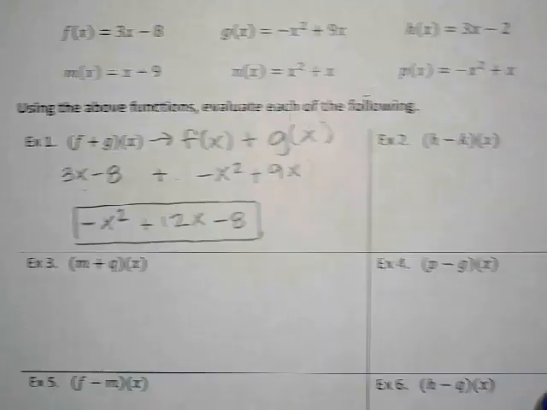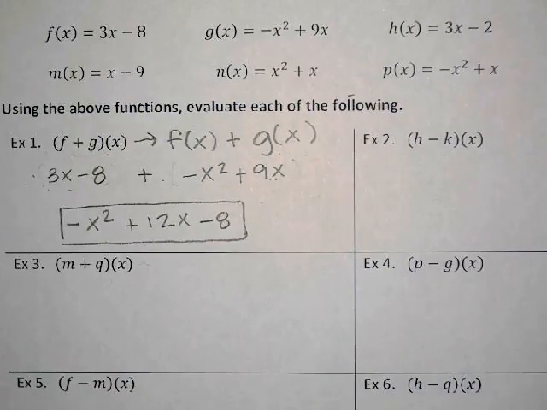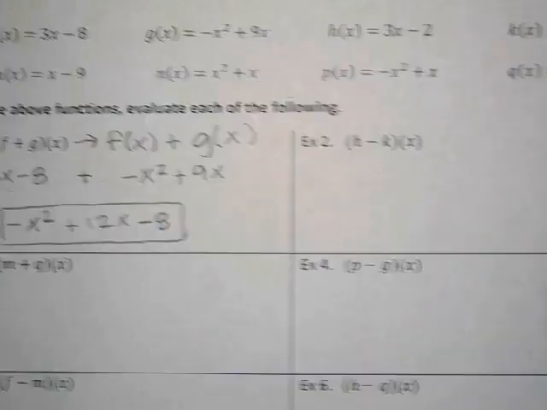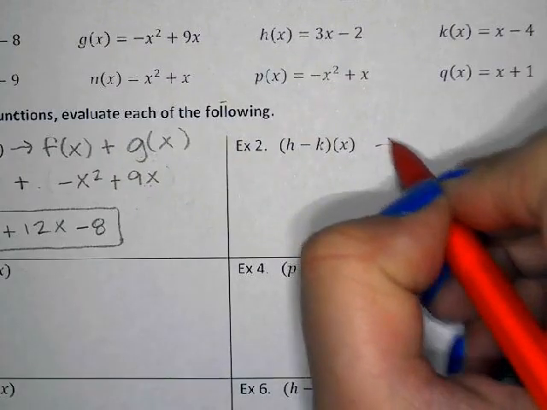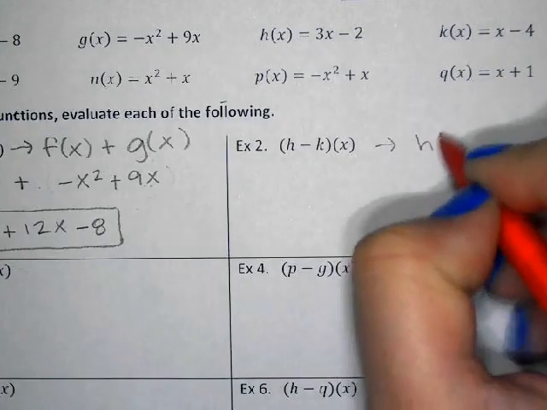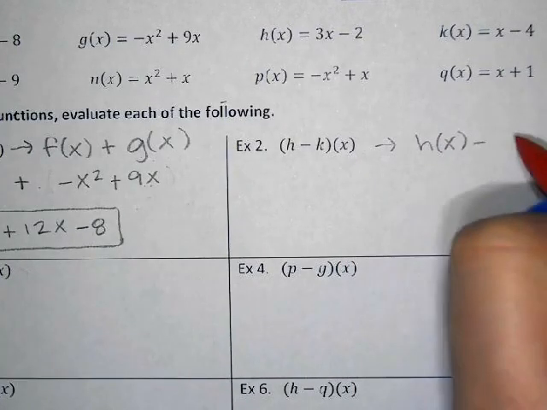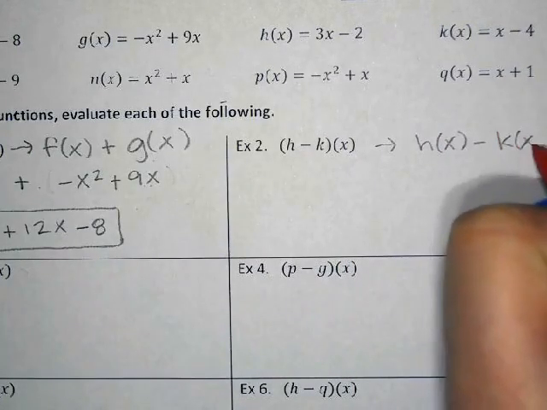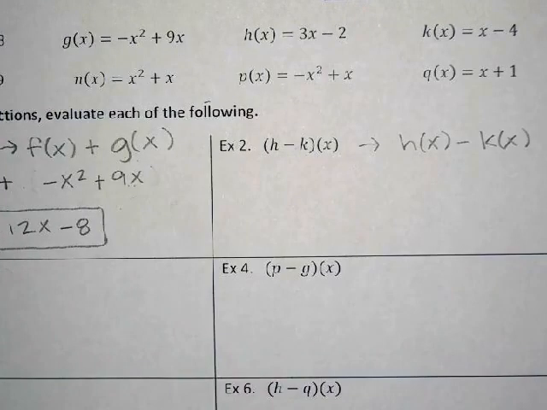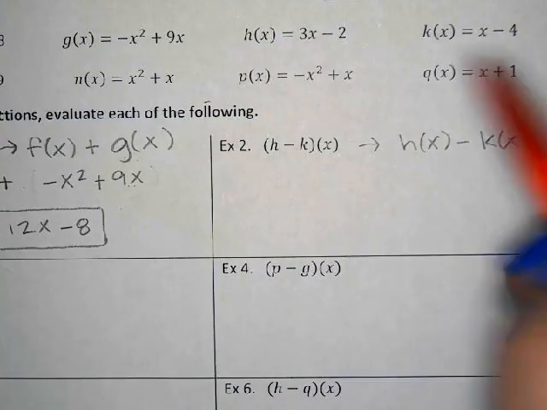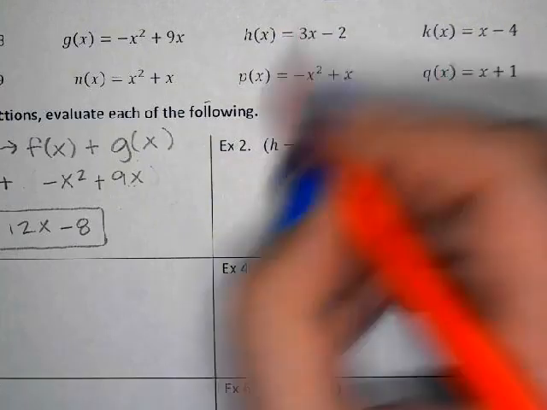All right, the next one is written in that kind of weird notation again, but it really just means start with h of x and subtract k of x. That's all they're asking us to do. So I'm going to write down my h of x, which is 3x minus 2.